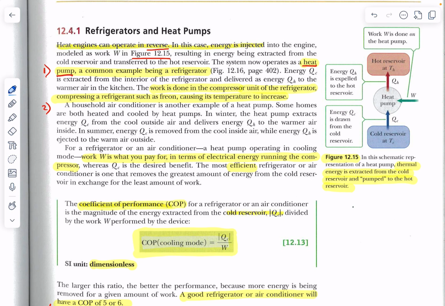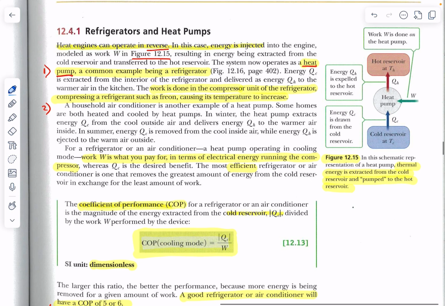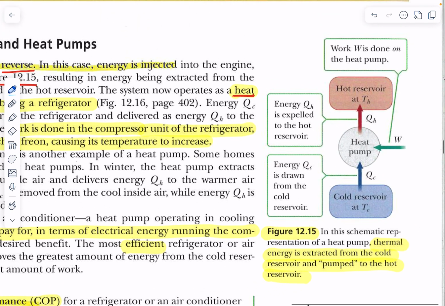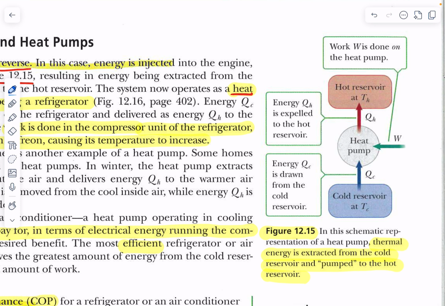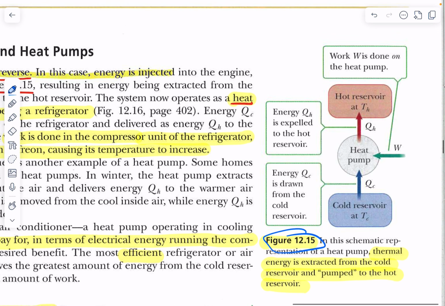And let's take a look at our diagram here. And now what we're talking about is a big difference. Notice that all my arrows in this figure are going in the opposite direction than they were going in the previous diagram. And so what we're doing now is we are extracting heat from some place that's already cold.